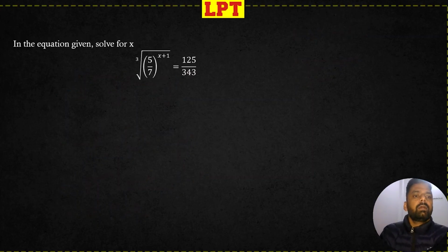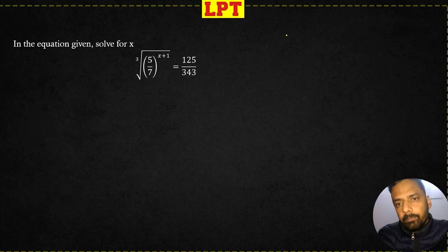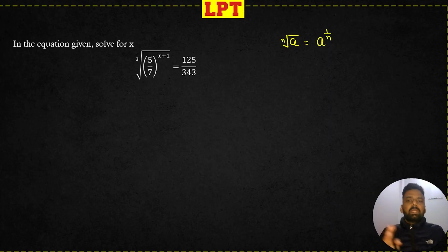Okay. Let's see another question. Here we have a surd which is of order 3, right? And 5 by 7 to the power x plus 1 is equal to 125 over 343, and we have to simplify it. Now see, one of the rule in indices we have done ki if we have a surd of order n, so we can convert it into this form. It can be written as a to the power 1 by n, है ना, इसको लिख सकते हैं.